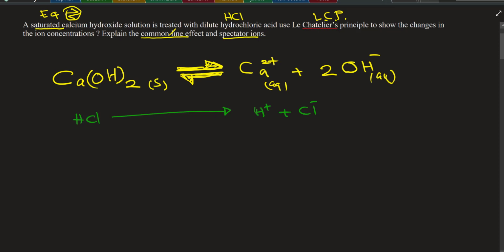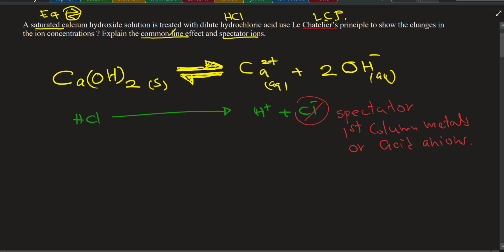So in this case, HCl fully dissociates, 100%, into H+ and Cl-, because it's a strong acid. By now we should know that. Cl- is a spectator. What is a spectator is actually first column metal ions, cations, sodium, potassium, lithium, and so on, and also the anions of acids, so chloride, NO3-, SO4 2-, kind of like that, right?